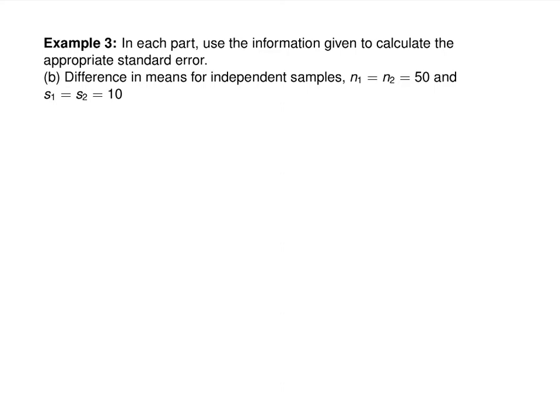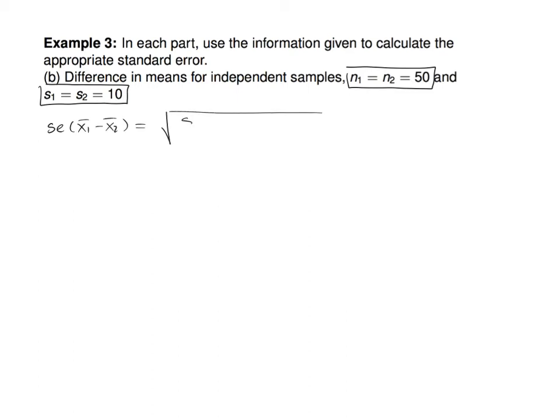Now here we have two independent samples, both of the same size, both having the same sample standard deviations. So SE of x1 bar minus x2 bar is the root of S1 squared over n1 plus S2 squared over n2.